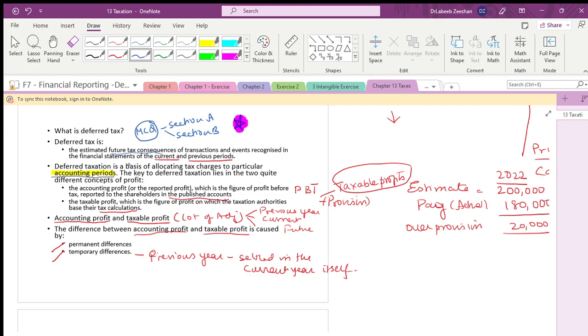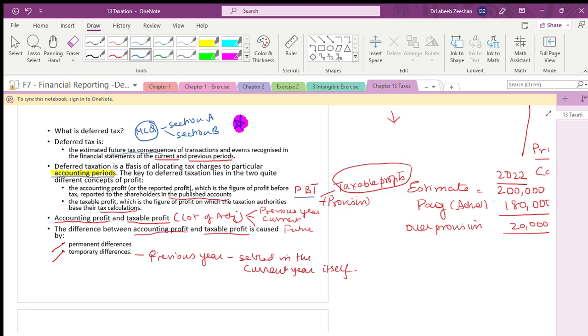The concept says that the accounting profit is the figure of profit before tax, reported to the shareholders. We have the concept of profit before interest and tax, then profit before tax, then you will pay tax.